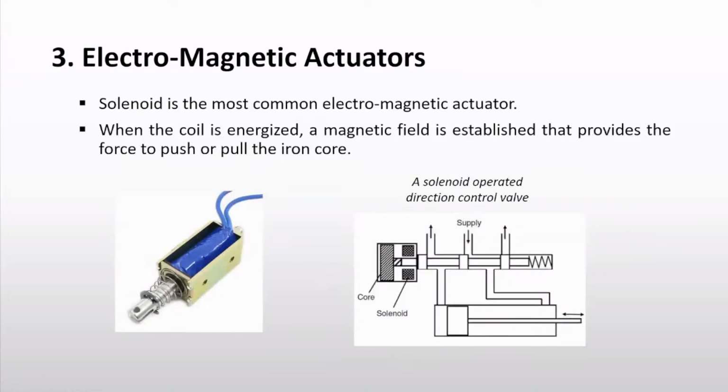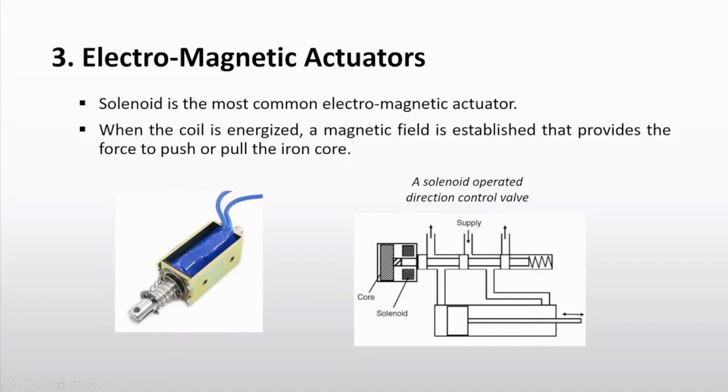The third type is the electromagnetic actuators. Normally electromagnetic actuators work using magnetic fields. The most common example is the solenoid.